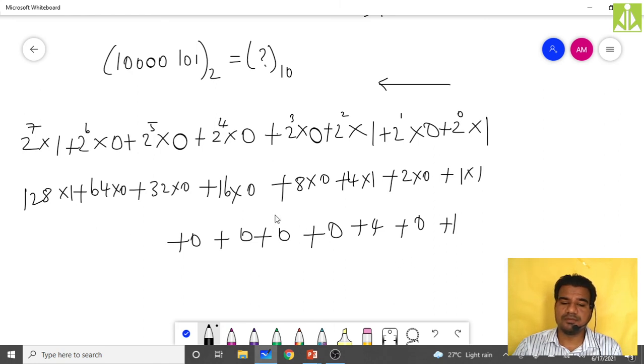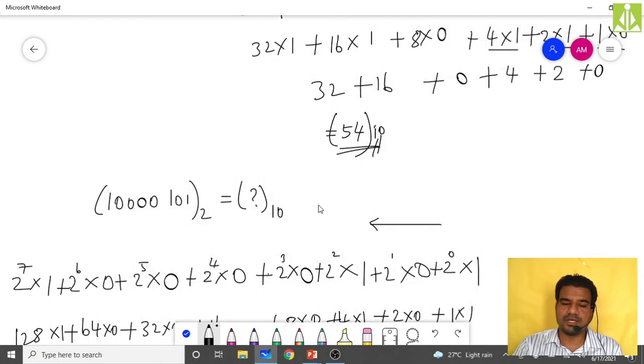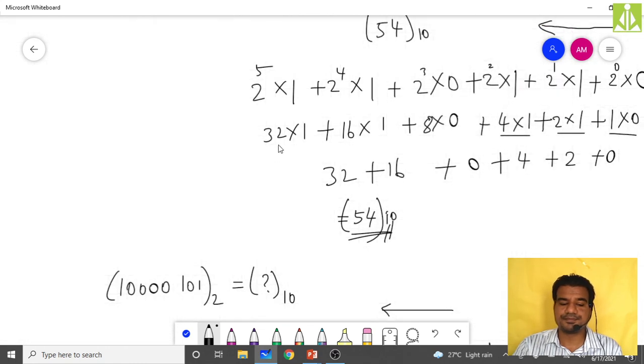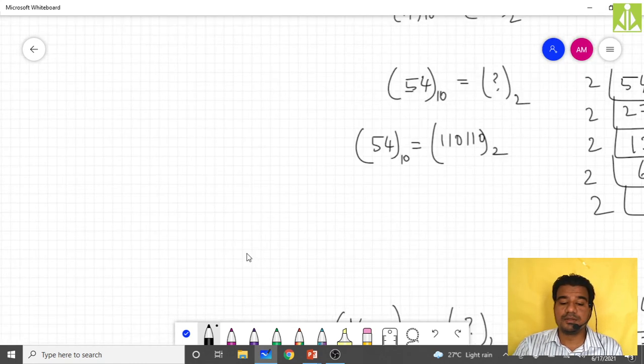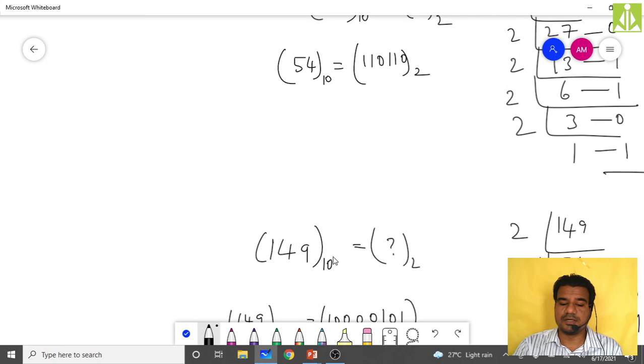We are missing something. So 128, 132, 133 we are getting. So some mistake we have done over here. Where is that? Here it is.